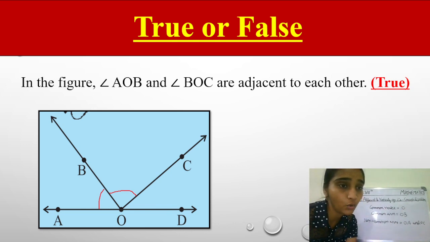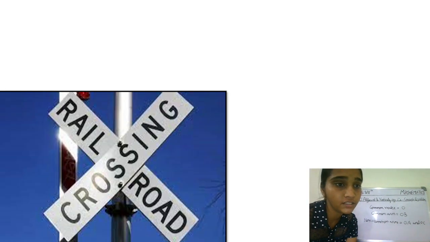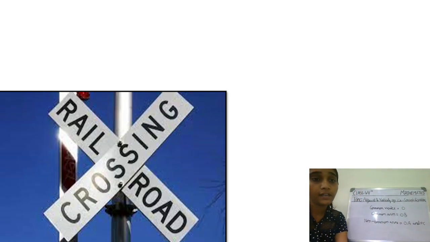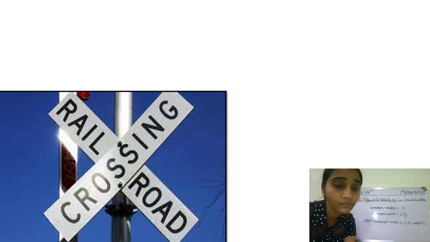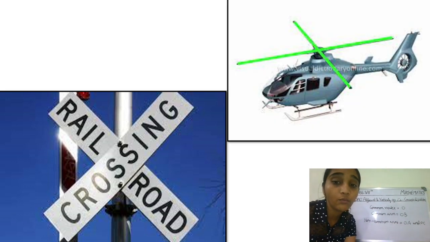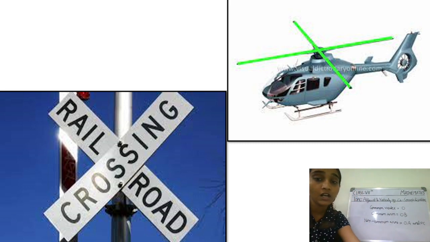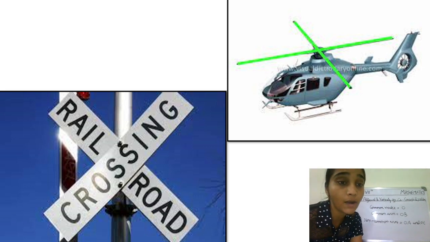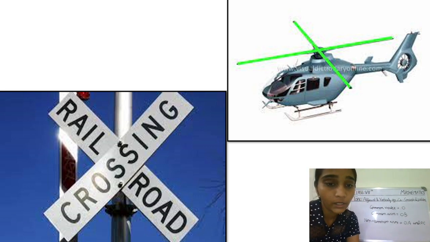Now students, I am going to show you a few more images. So now tell me, what do you see? Yes, this is, you can say, a signboard of a rail crossing road. Okay. Now what about this image? Yes, this is a helicopter. Now students, if I ask you to mark a few of the angles which are visible over here, which will you mark?